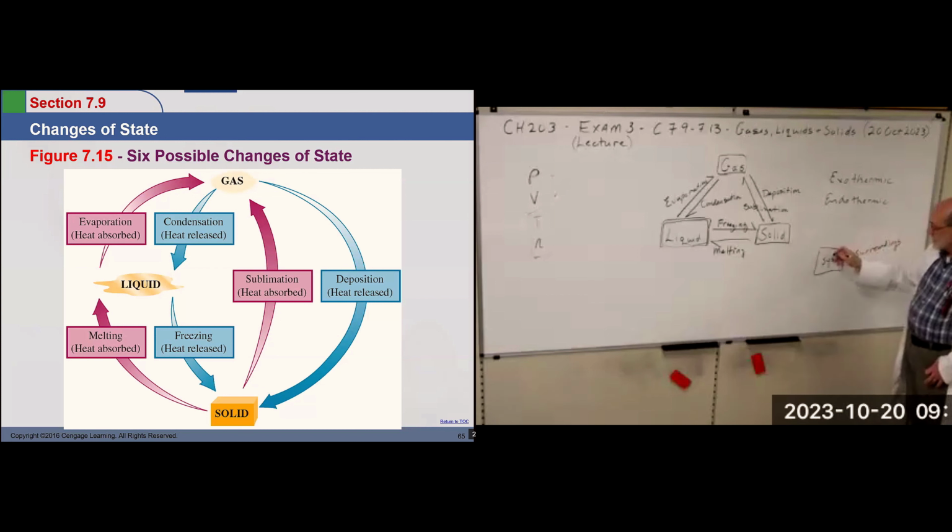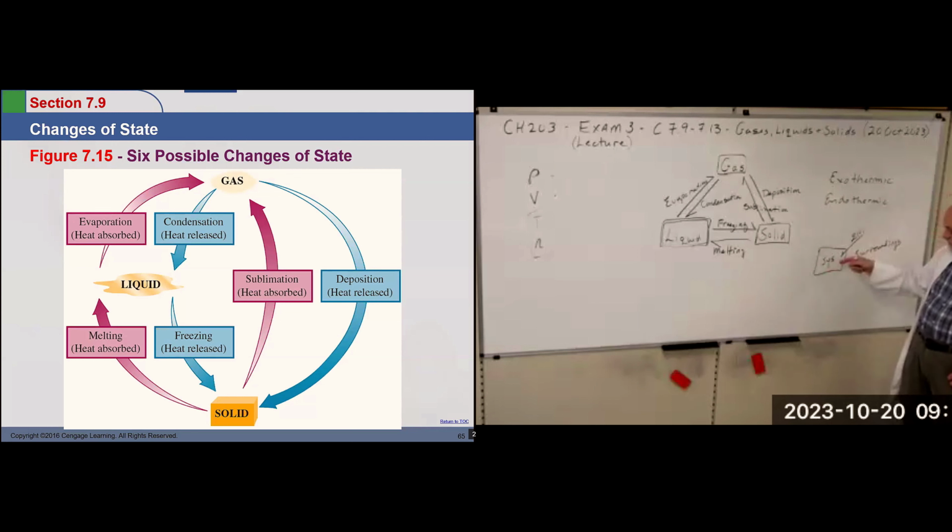Okay, if heat is being added to the system, and we give that a small q for heat. If heat is being added to the system, we also give it a plus sign, and that's endothermic. Heat is going into, endo means into, heat's going into the system.